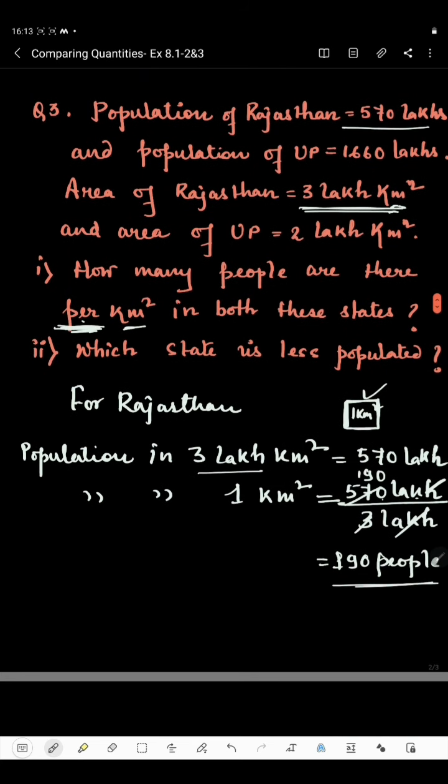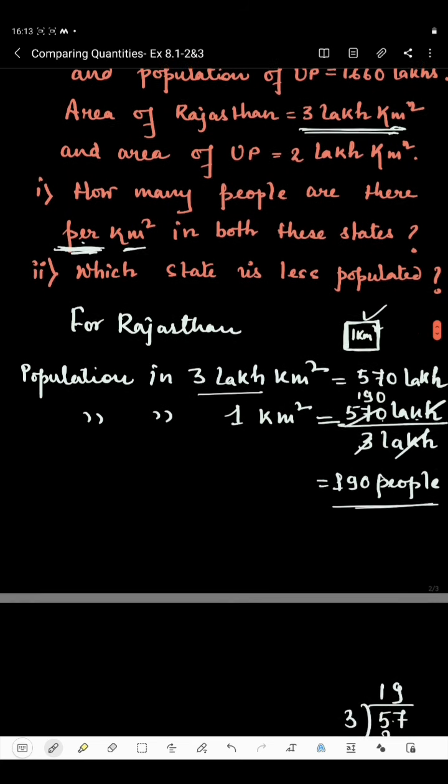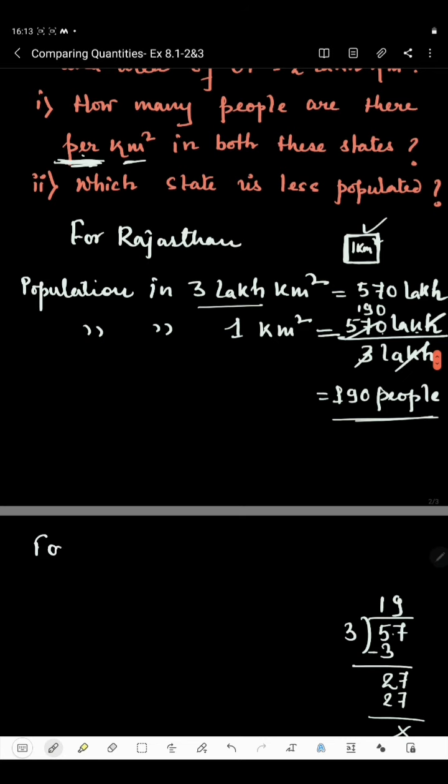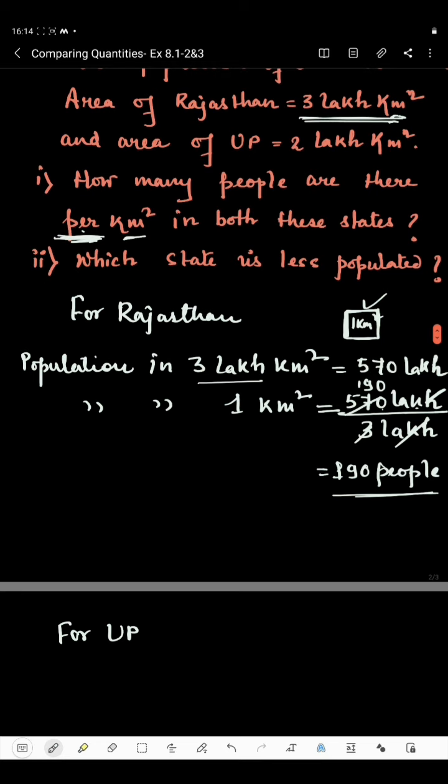Now we will find the number of people in UP. So we'll write for UP. The area of UP is 2 lakh kilometer square. We have to find the number of people who live in UP per kilometer square, means in 1 kilometer square how many people are there.